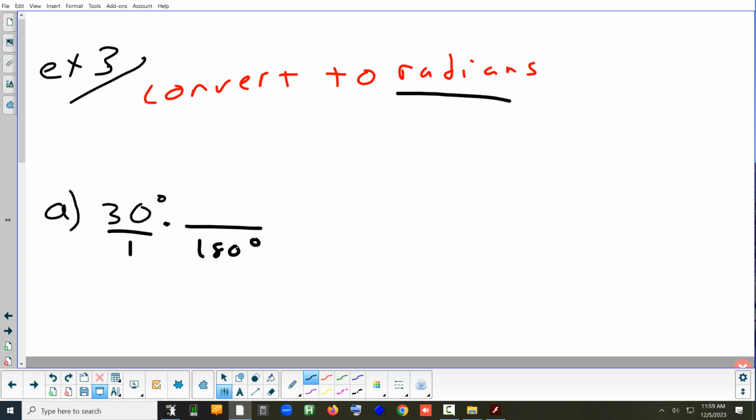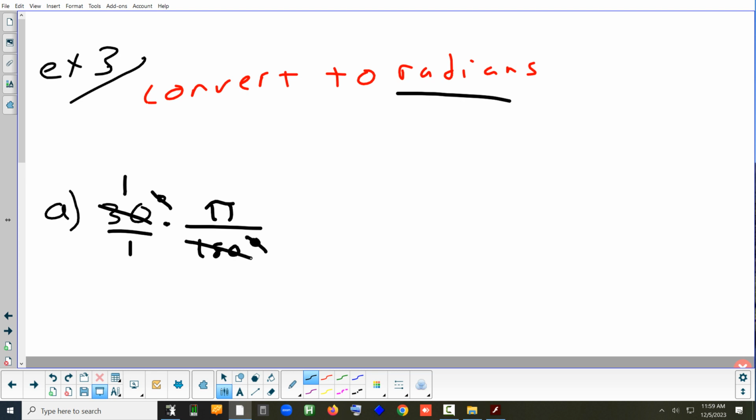So that means what's going to go in the top? Pi, right? It is pi radians, but radians is something you would never put a label on. You just write pi. You don't put RAD. Now, degrees cancels. And how many times does 30 go into itself? Once.